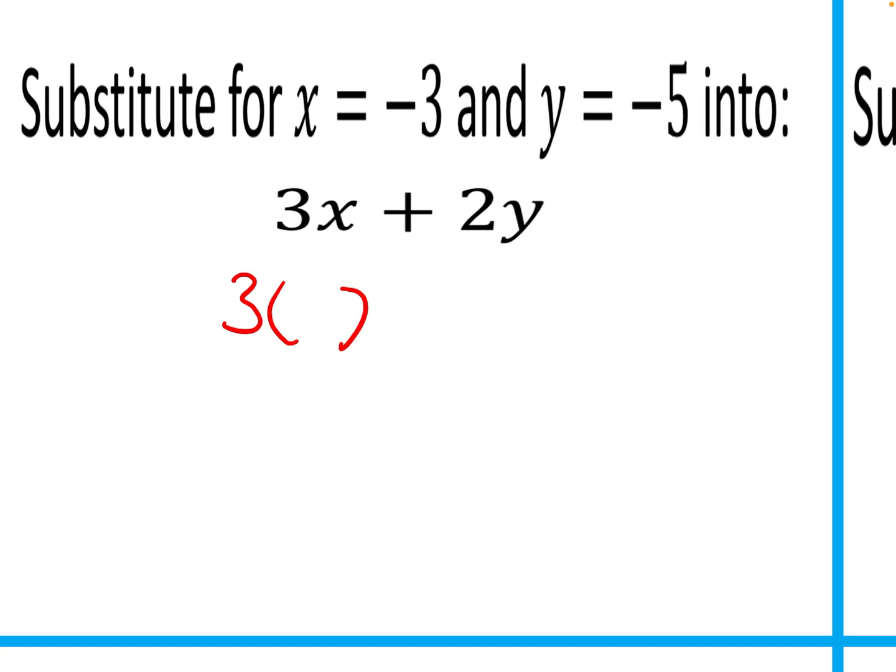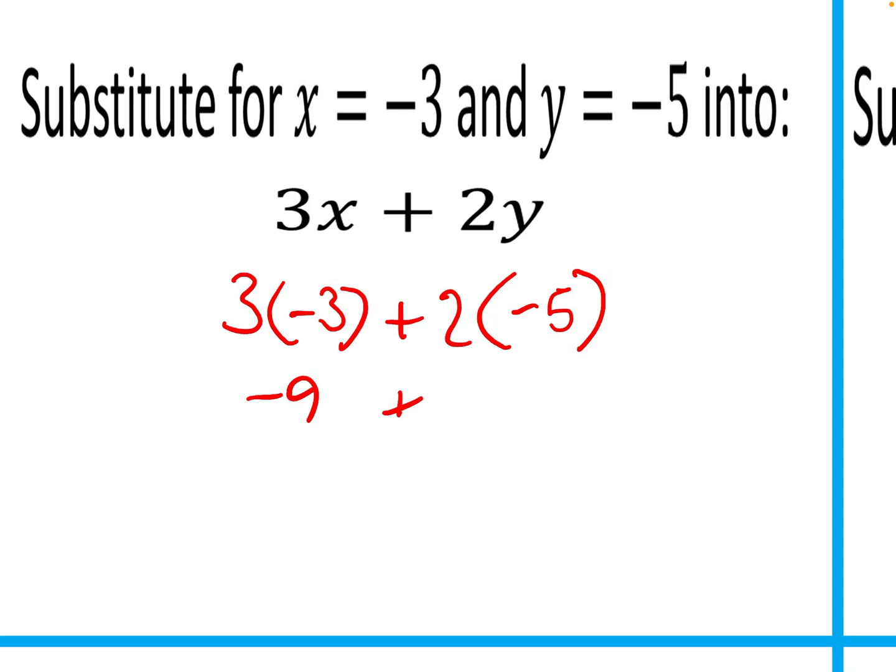Well, x was -3, so I'm going to put -3 in the brackets, plus 2, and then we'll put our brackets, and y was -5. Now, if we work these out, we've got 3 multiplied by -3, and a positive multiplied by a negative is going to give us a negative answer. So 3 multiplied by -3 is going to give us -9.